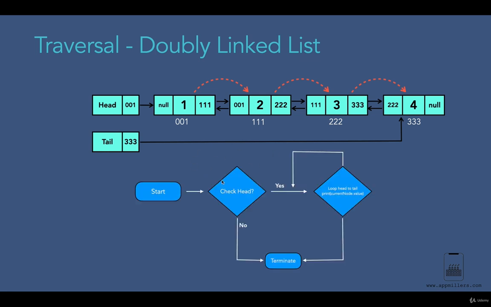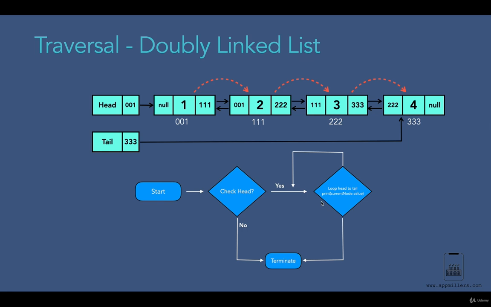We start by checking the head value. If the head is not equal to null, then we continue, otherwise we terminate our algorithm. If the head is not equal to null, we continue to loop from head to tail, and in each step we print out the current node's value to the console. Then we continue to the next node, and this continues until we reach the last node.